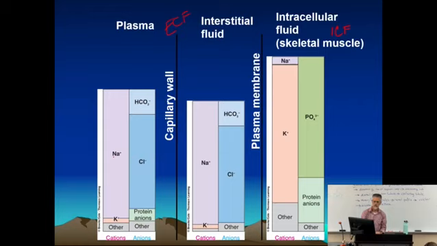And we can see the concentration is different. We see sodium out here. There's a lot of calcium out here in the extracellular environment as well. When we look at the intracellular environment, it's opposite, right? There's not very much sodium, but there's a lot of potassium. There's our phosphate. We said phosphate's important in terms of binding to hydrogen ions. There are a lot of different proteins in there as well that can affect pH, that have other jobs to do, and contribute to that negatively charged internal environment.